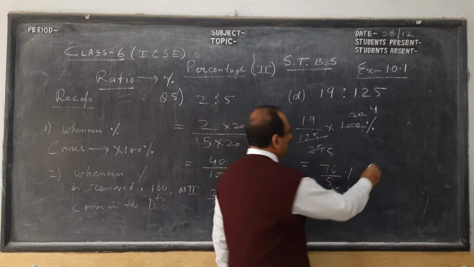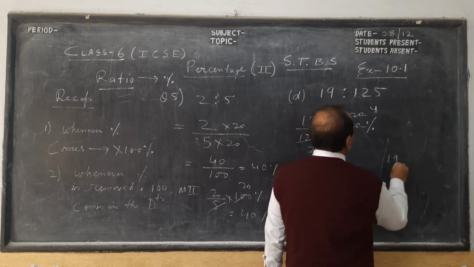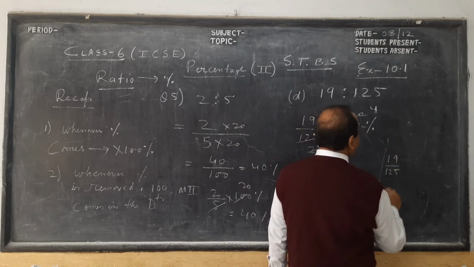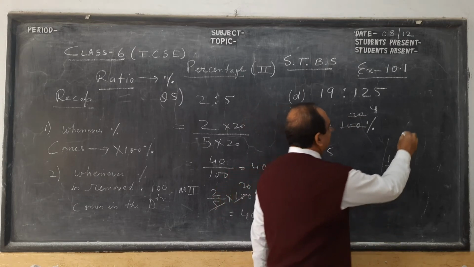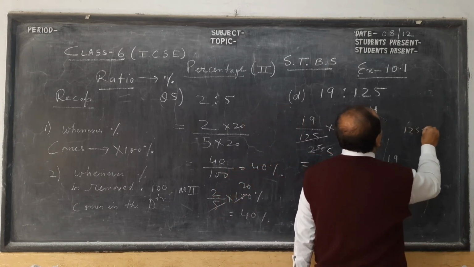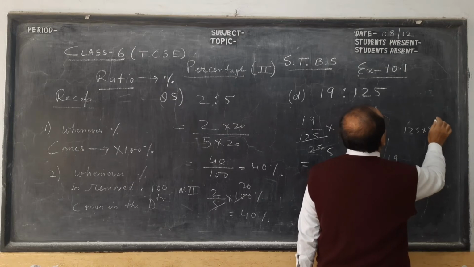There is a way, children, but it is a little difficult for you. To make 125 into 100, I am just giving you a hint, I am not going into that: you have to multiply by 4 by 5.